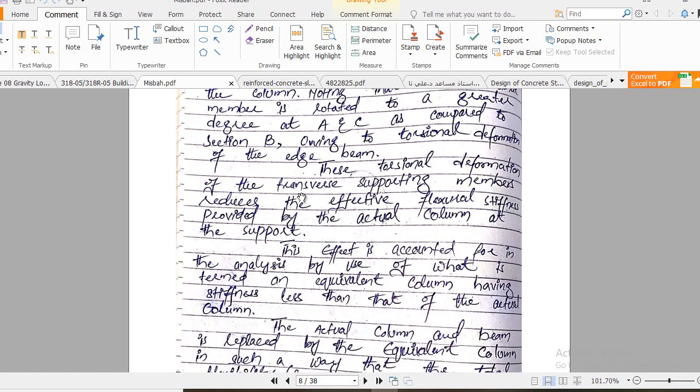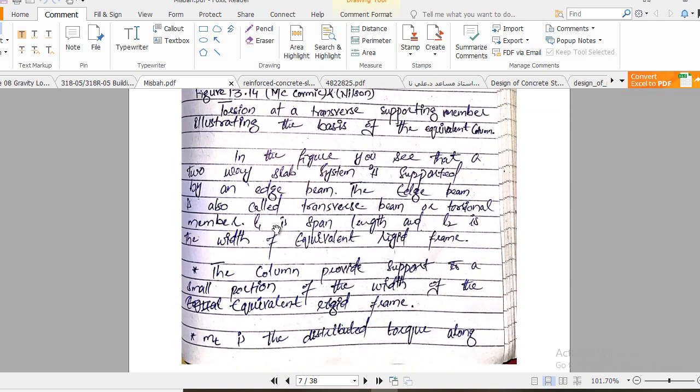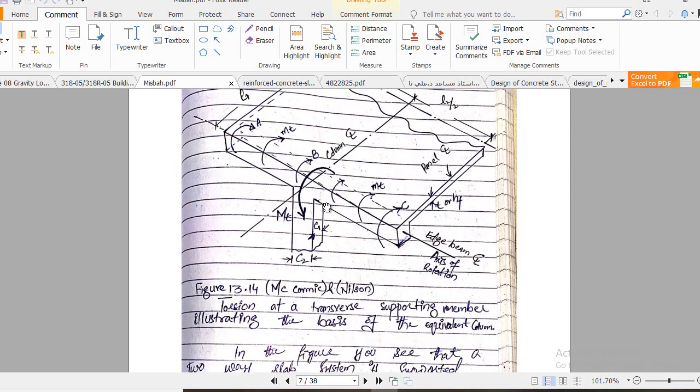This torsional deformation of the transverse supporting member reduces the effectiveness of flexure stiffness provided by the actual column at the support. The key purpose of this statement is that due to the rotation of this torsional member, or this transverse beam, it reduces the effective stiffness of the actual column, and due to that we use the concept of equivalent column.